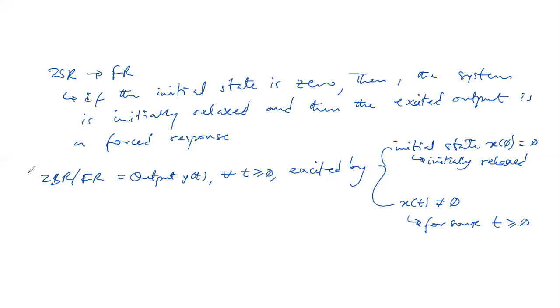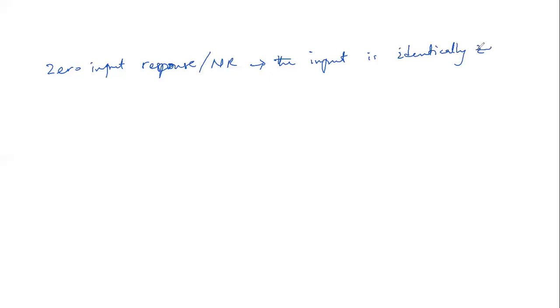Now, for the zero input response, or better still, the natural response, this implies that the input is identically 0 for all values of t greater or equal to 0. So in other words, a zero input response means the natural response. Nothing is happening.